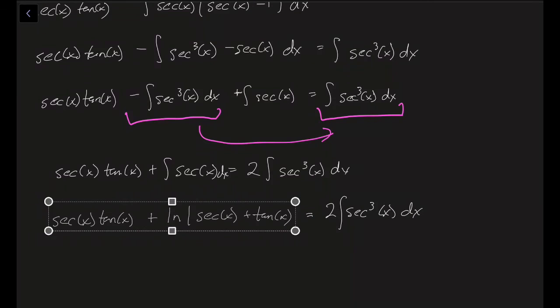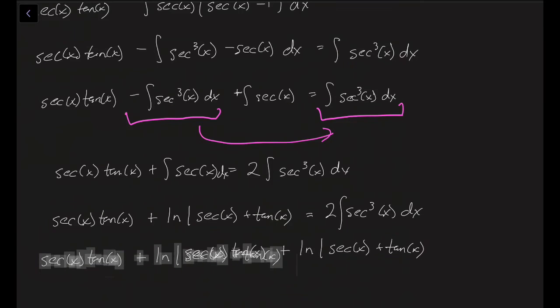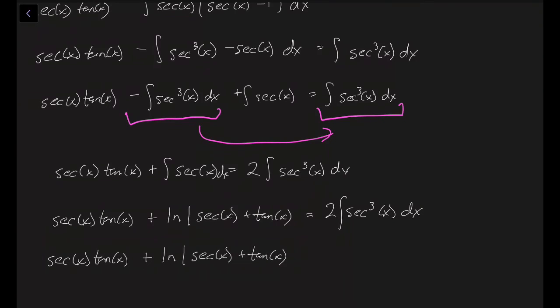So let's copy this and move it down here. And we're just going to divide everything by 2. And that is the integral of secant cubed x dx. So the integral of secant cubed x is secant x tangent x plus the log of secant x plus tangent x plus c.